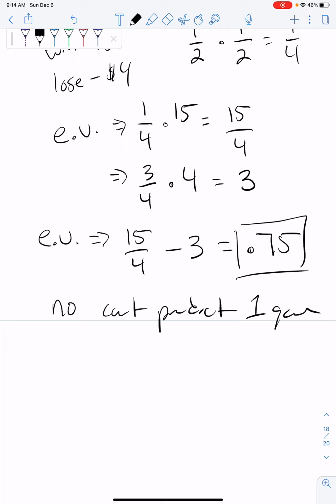Well, if I expect to win 0.75 and I play 100 times, then I can expect to win $75. That's how that works. My expected value is 75 cents, and I'm going to play 100 times. So overall, I expect to win $75.